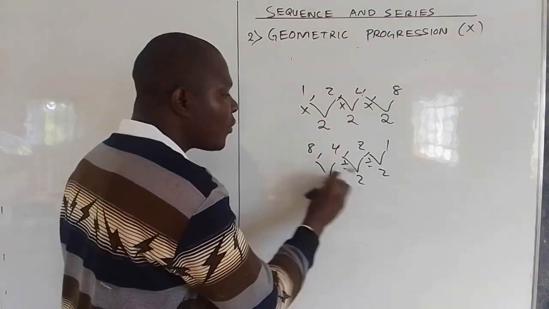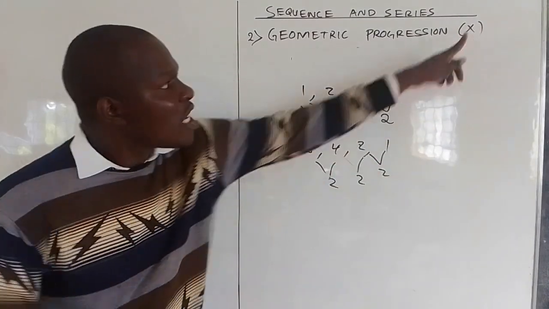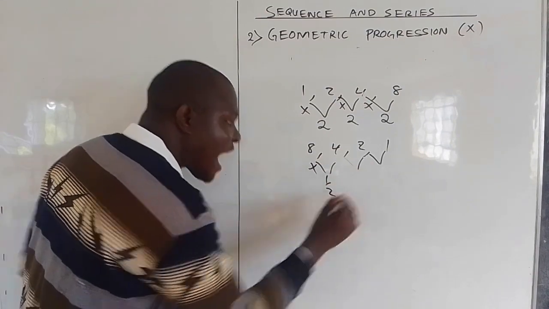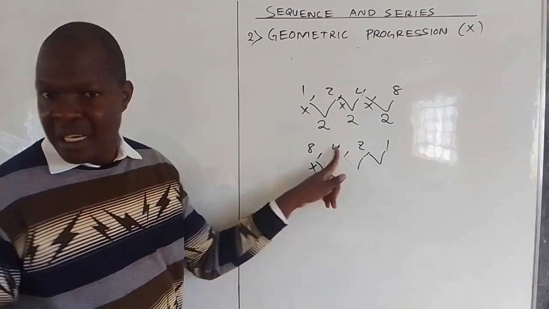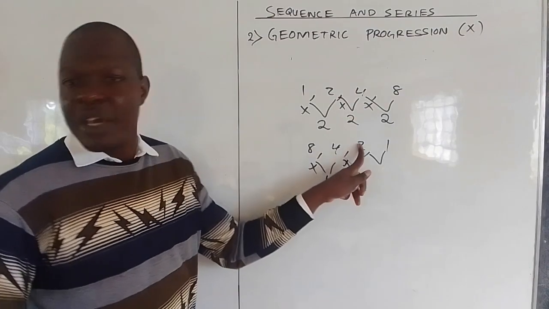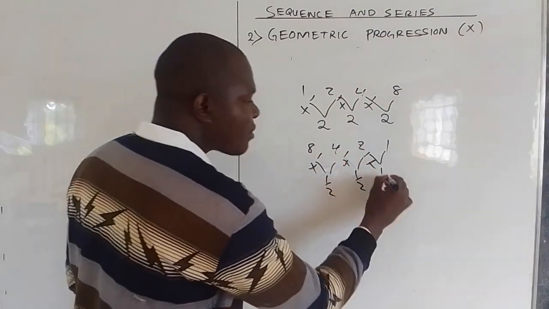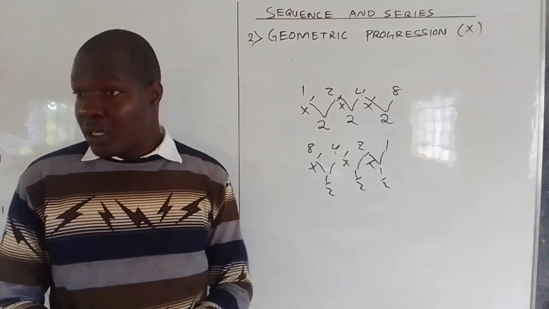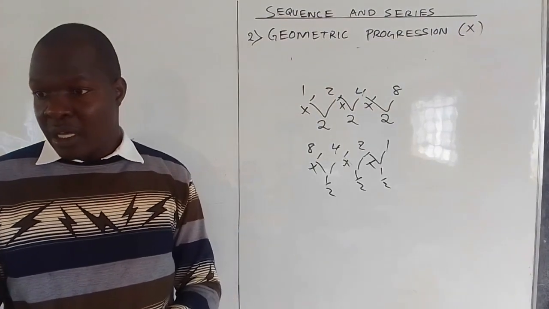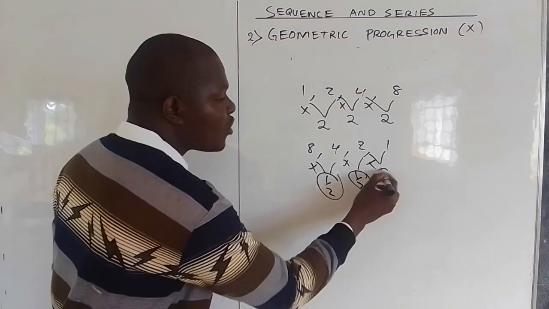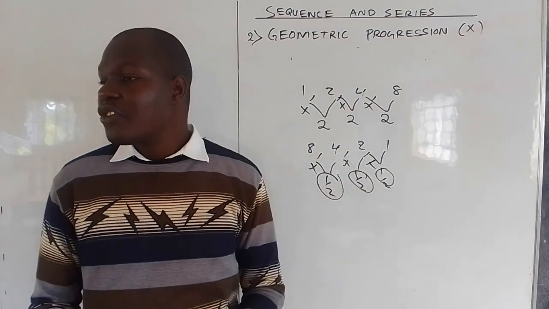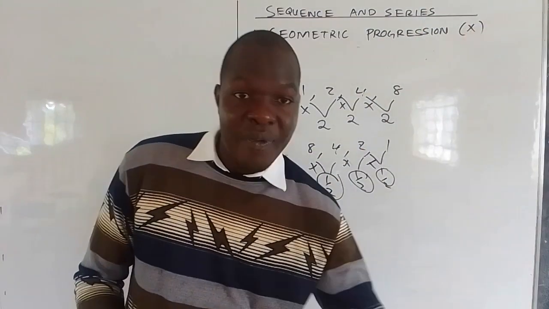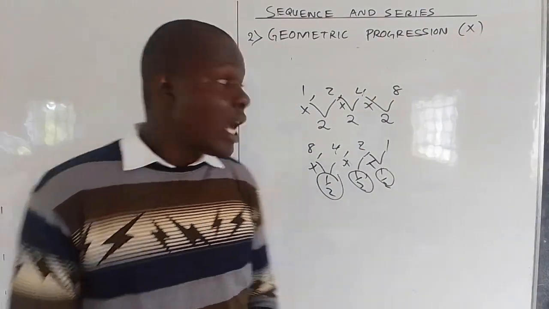Because this sequence specifically uses a multiplication sign, meaning it is 8 times a half gives you 4, 4 times a half gives you 2, 2 times a half gives you 1. So to get the common ratio between any two consecutive terms, it is the second over the first. We'll see how that comes about.